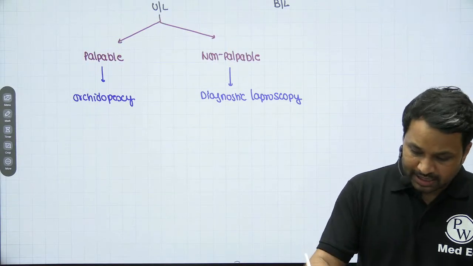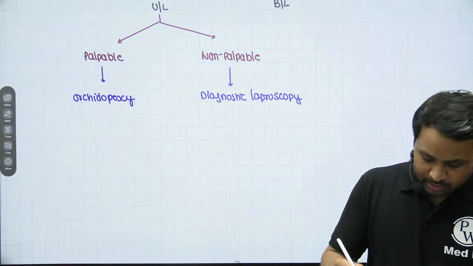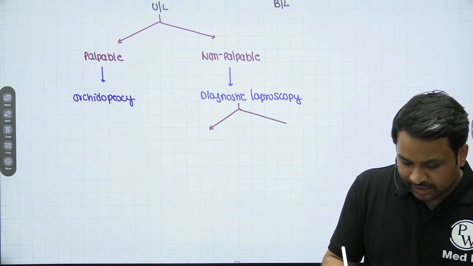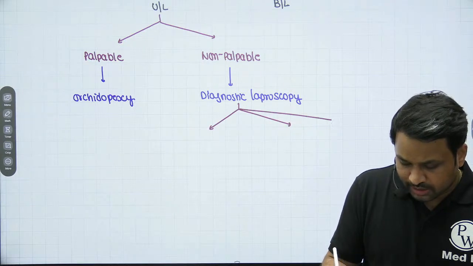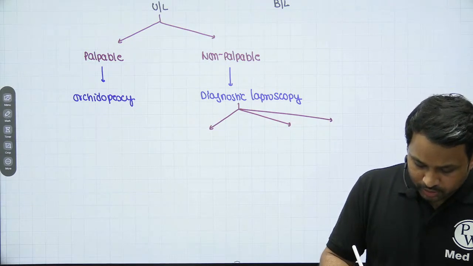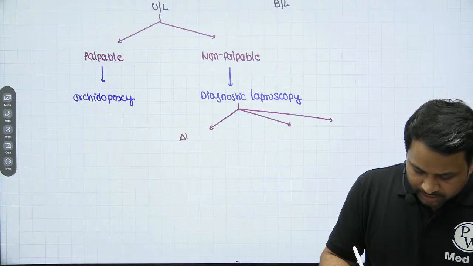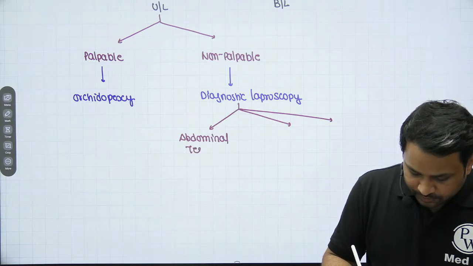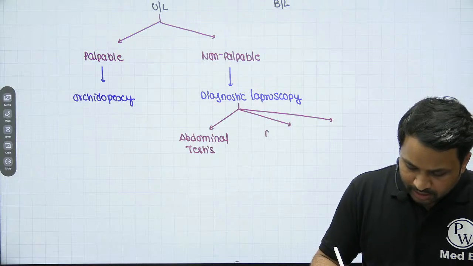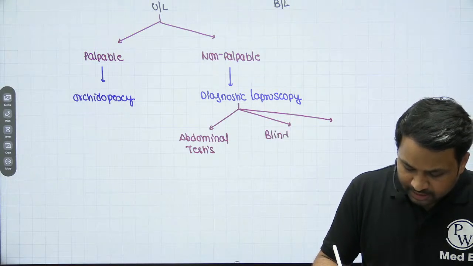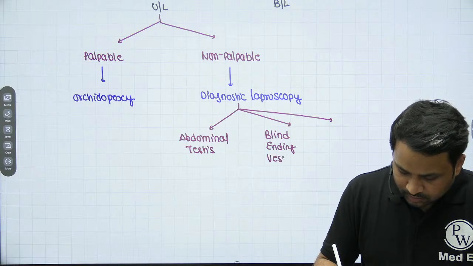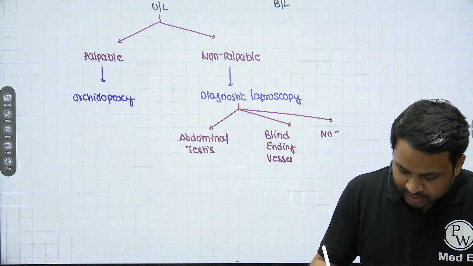In diagnostic laparoscopy, I can encounter three things: the presence of an intra-abdominal testes, a blind ending vessel, or no evidence of testes.